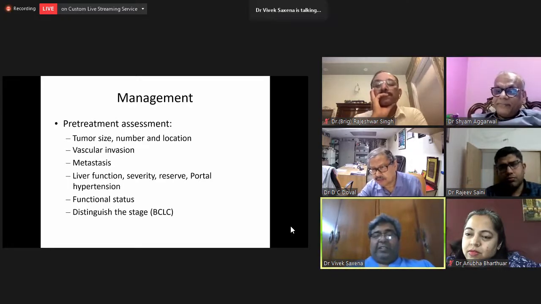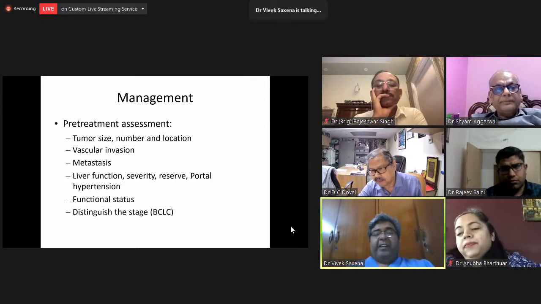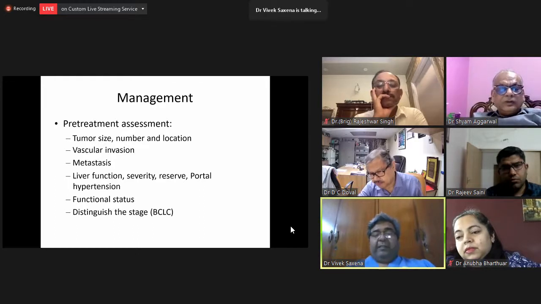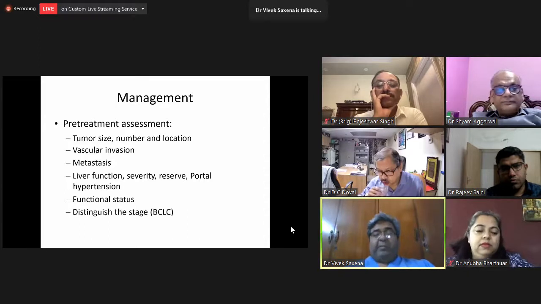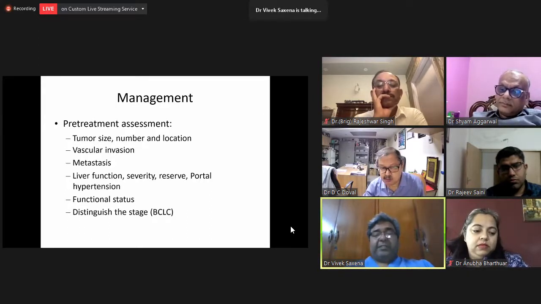So there are 2-3 things that we can do. One is that we can combine SBRT, depending on how extensive the portal vein thrombus is. So you do SBRT to the portal vein thrombus, and then if it opens, we can offer TACE to the patient.